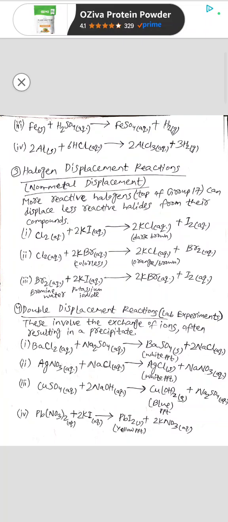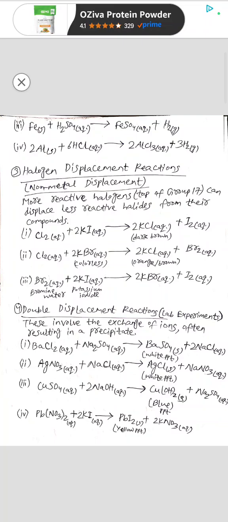An acid reacts with a base to form salt and water. A very simple example is hydrochloric acid reacts with sodium hydroxide. NaOH plus HCl gives rise to NaCl, sodium chloride, plus water. This is an example of neutralization reaction.